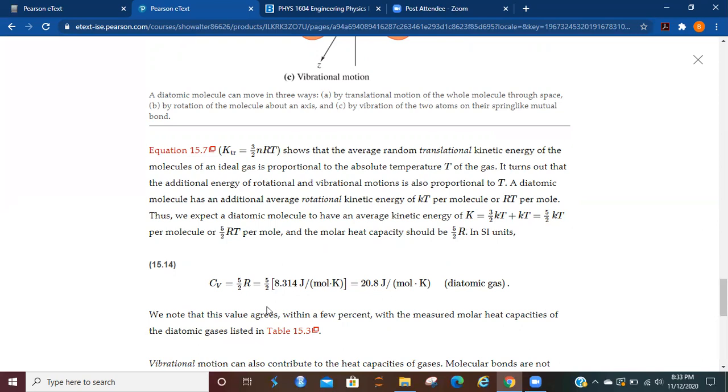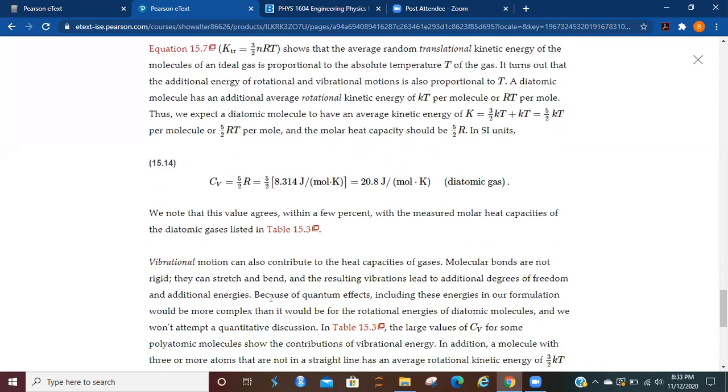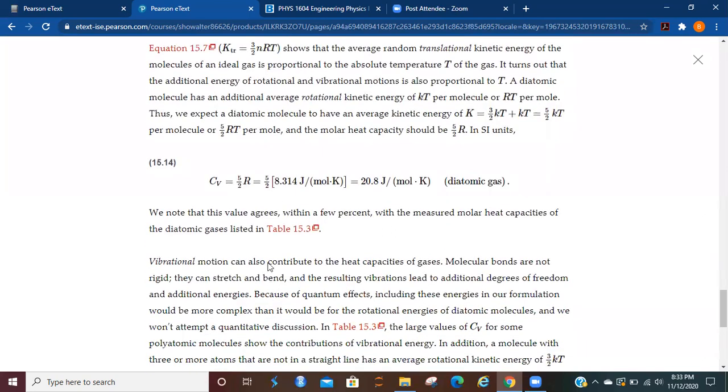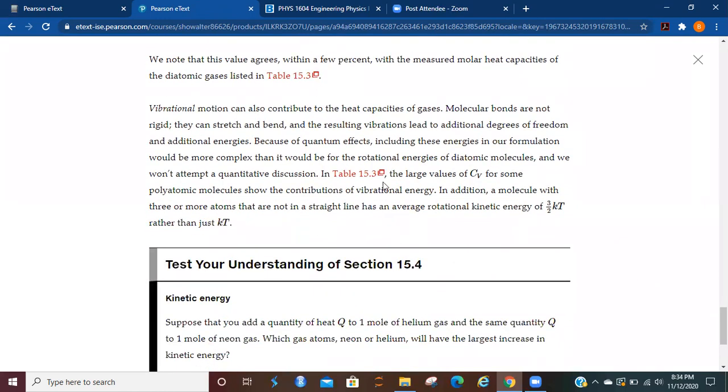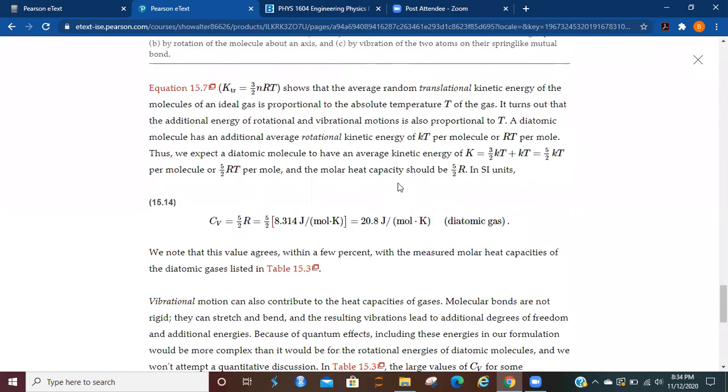And that changes your molar heat capacity here to 5/2 R. Also, if you add in vibrational motion, you start ending up having to deal with quantum effects, and we're not going to worry about that in this particular discussion.